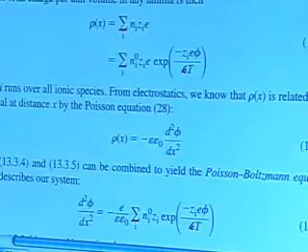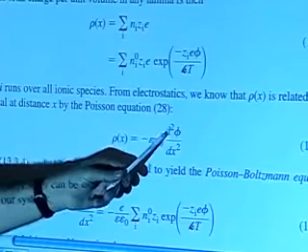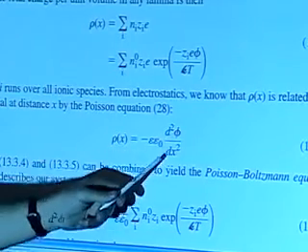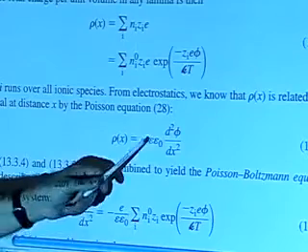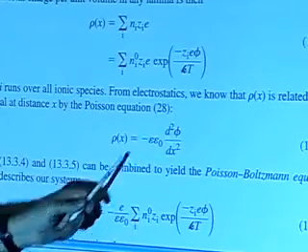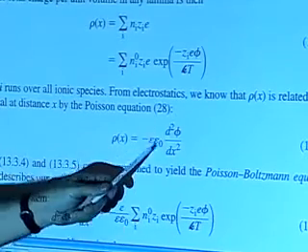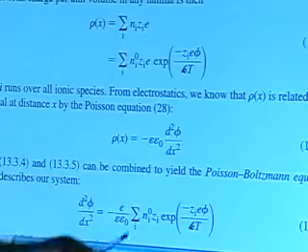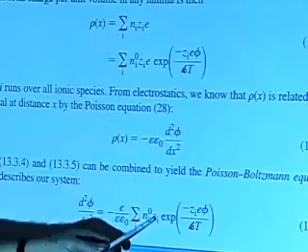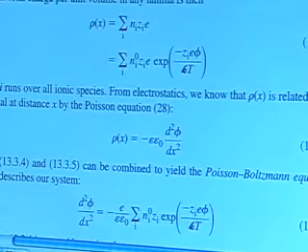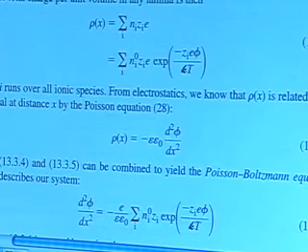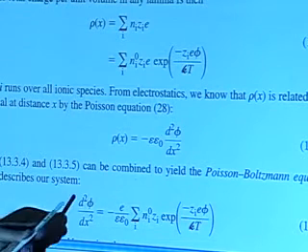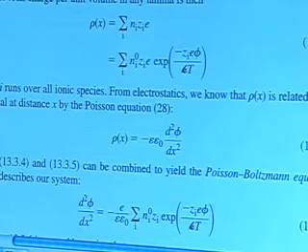So now we can solve for what d squared psi dx squared is. We'll just bring around over to the right side a 1 over epsilon epsilon naught. There's the charge. Here's all the other ionic species excesses weighted by their Boltzmann factors of the potentials that they experience. So now we have a second order differential equation for the potential as a function of distance.